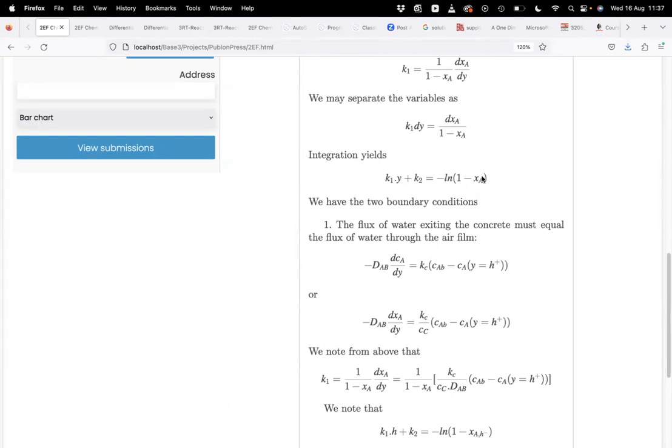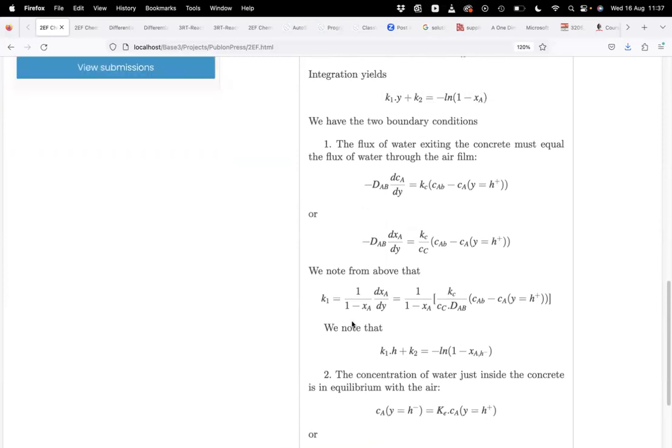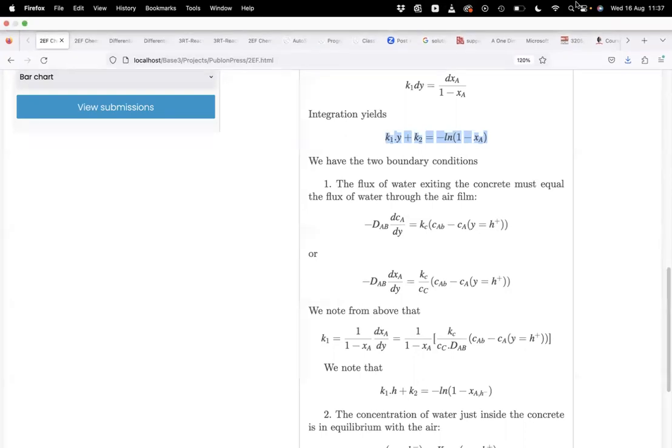That tells us the mole fraction just inside the concrete at the surface, and that gives us the mole fraction in terms of K1 and K2. Then when we apply it in this boundary condition, that gives us the new relationship we are looking for. So by combining our boundary conditions with our solution, we are able to find these constants, and that gets us towards the solution that we're looking for.